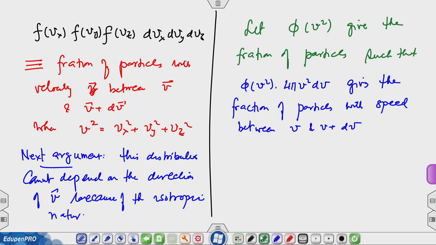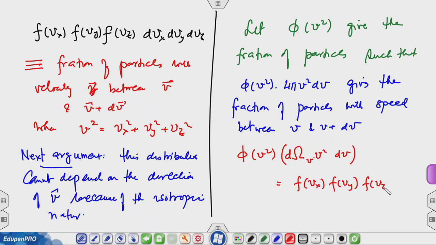So remember what we are doing. All we are doing is we are saying then that phi v square, some d omega in v space, times v square dv, that will be the volume in v space, is equal to f vx f vy f vz dvx dvy dvz.